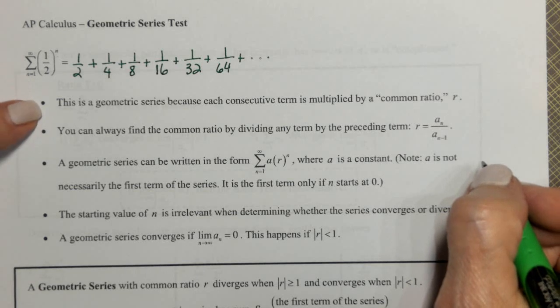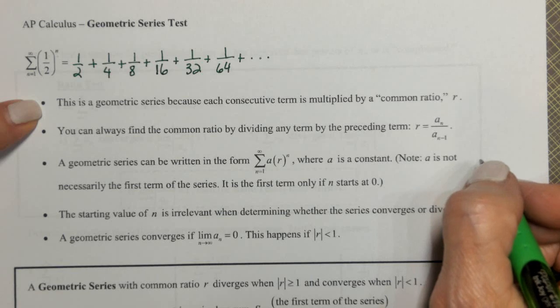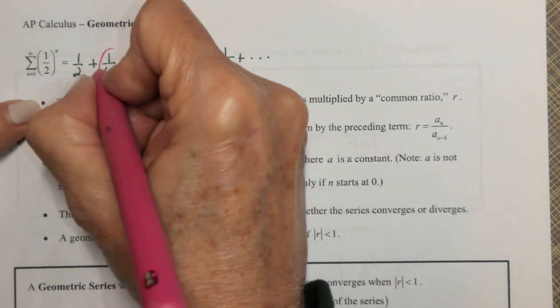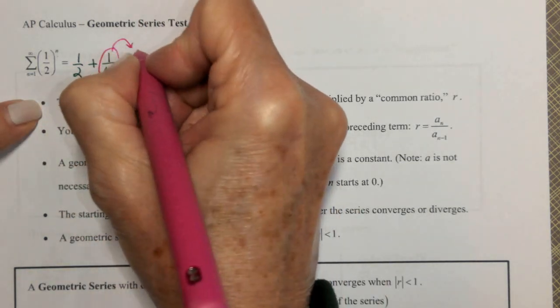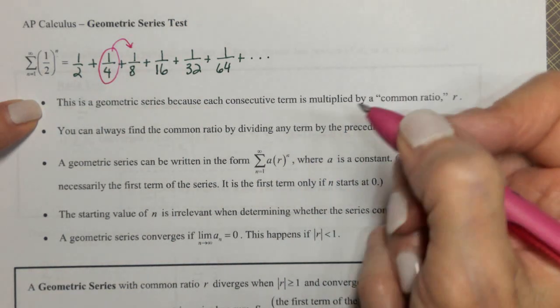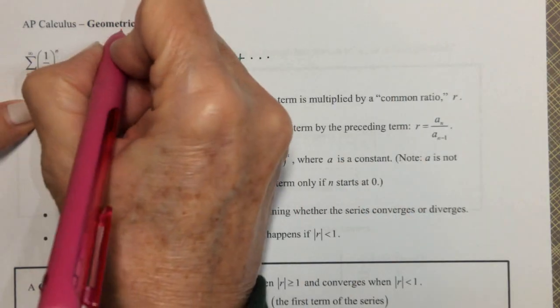Okay? This is a geometric series because each consecutive term is multiplied by a common ratio. To get from one term to the next term, we multiply by the same thing every time, and we are multiplying by 1/2.